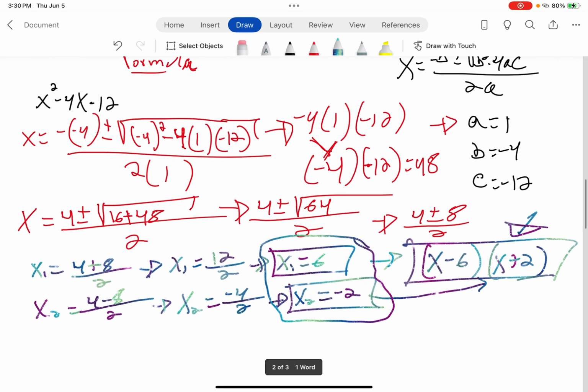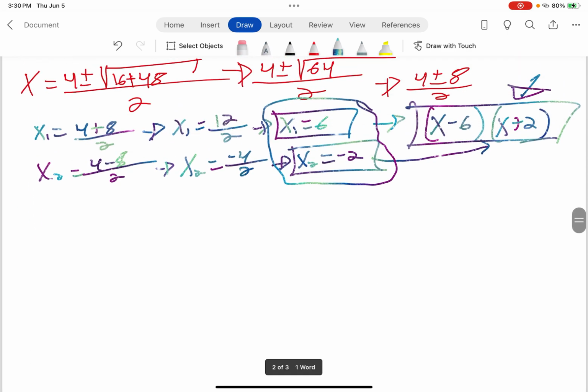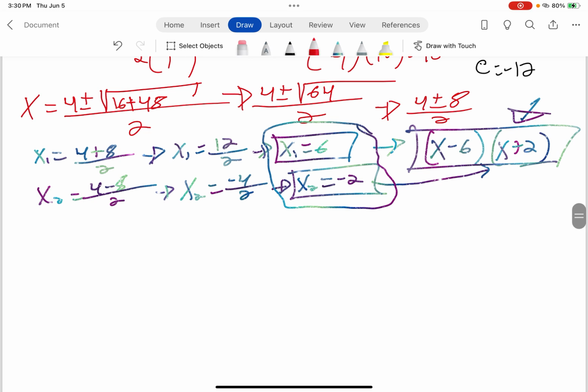So now I will continue with another method, which is, let me call this method number 5, factoring the difference of two squares. This is a cool method. This is number 5.